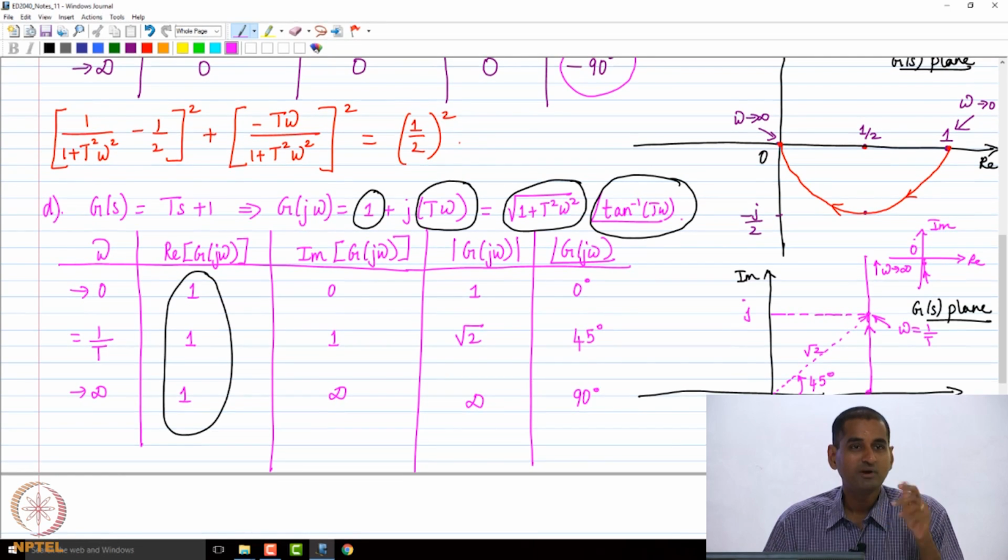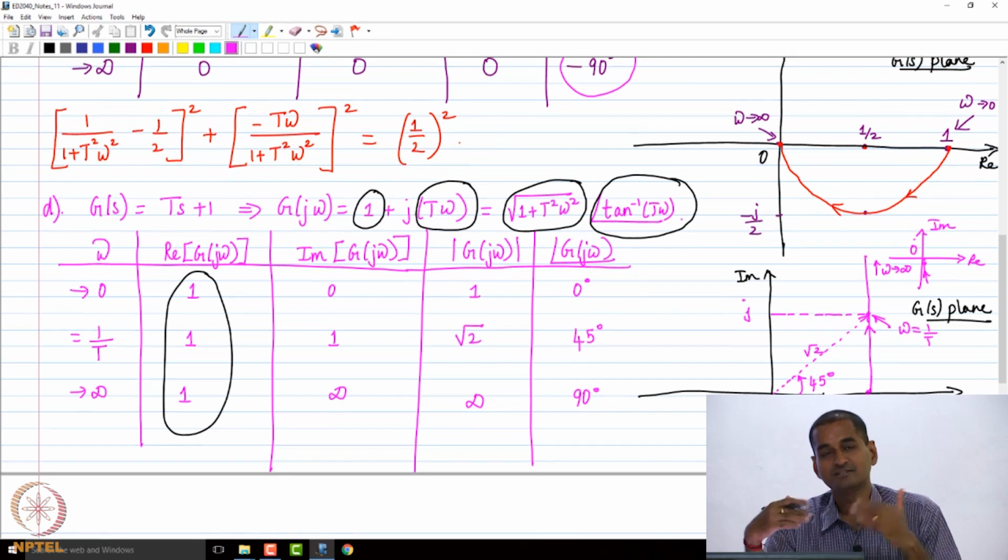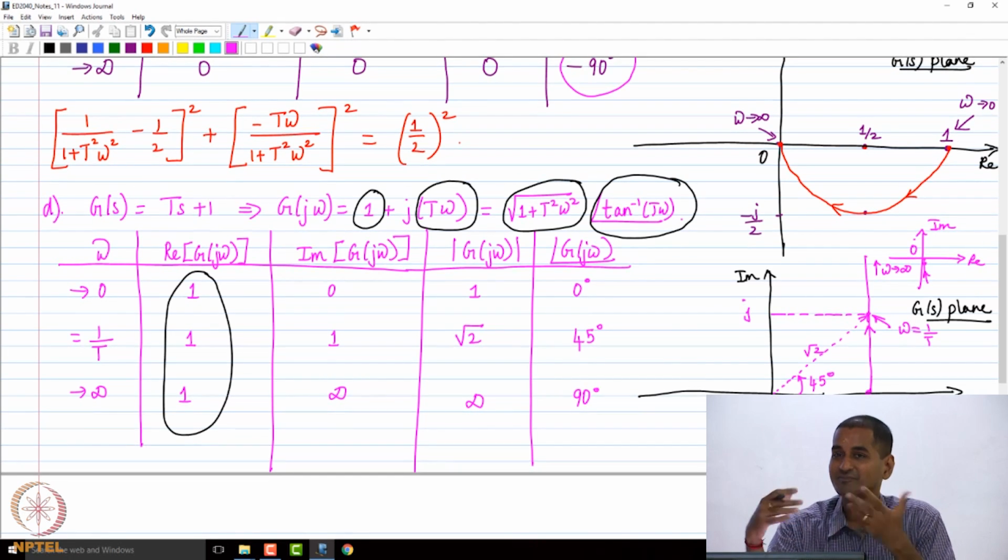In the Bode diagram, if you had reciprocals, we could immediately flip the curve and go on. But here it's not so straightforward because the shape itself is different.